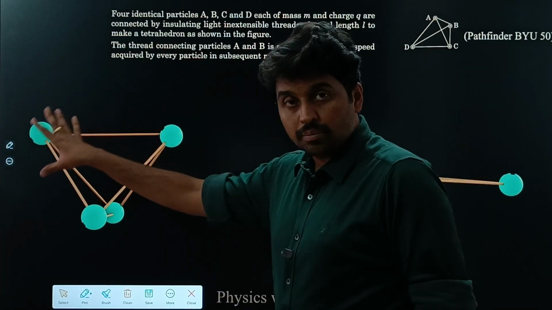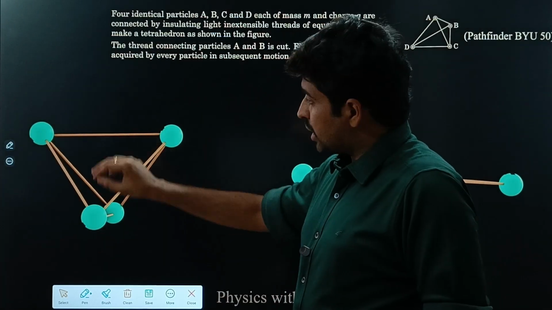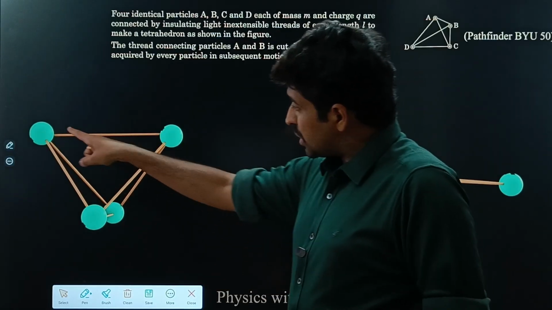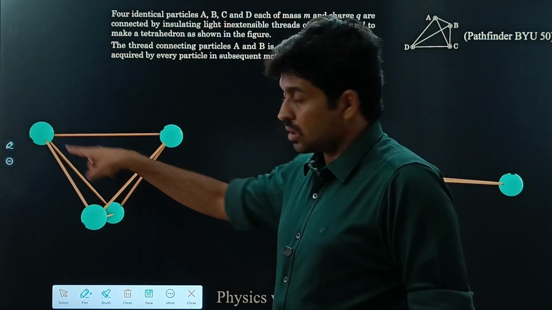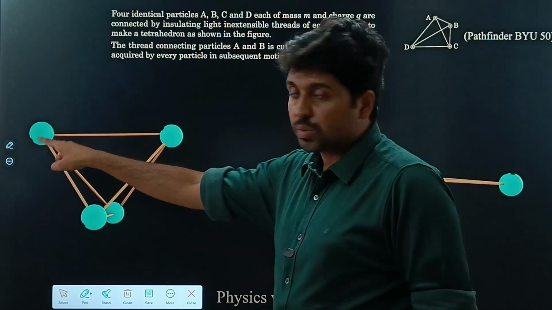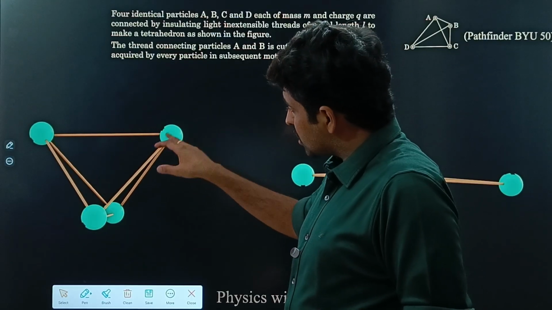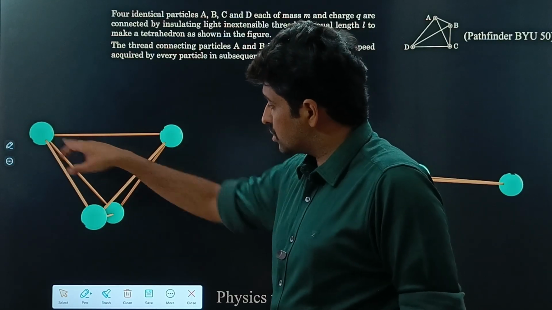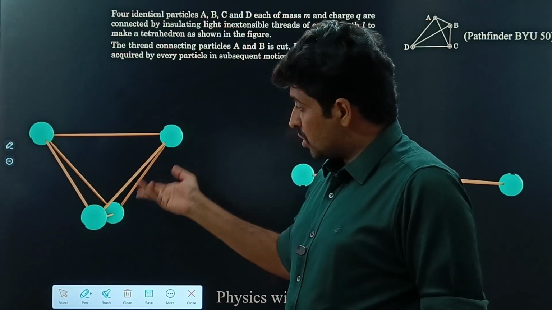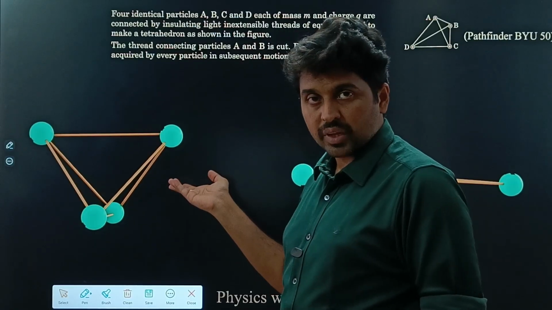Initially the particles were like this, and they had some potential energy. The separation between all the particles is the same except for these two particles. So we don't need to take into consideration the potential energy of this and this and this and this, because the separations are all the same every time.